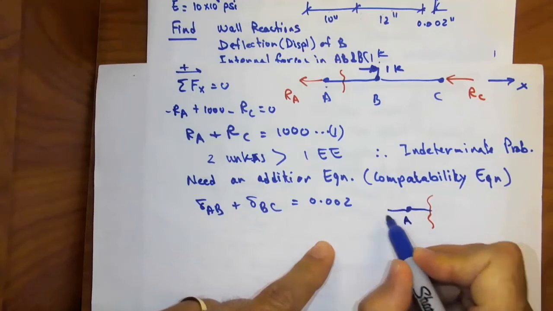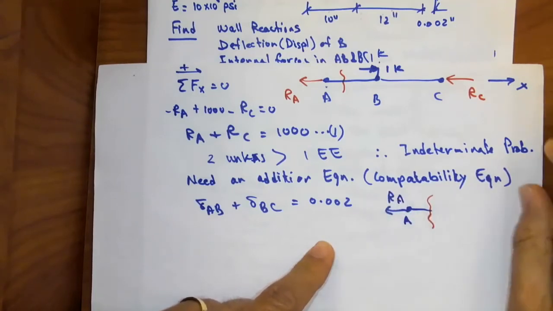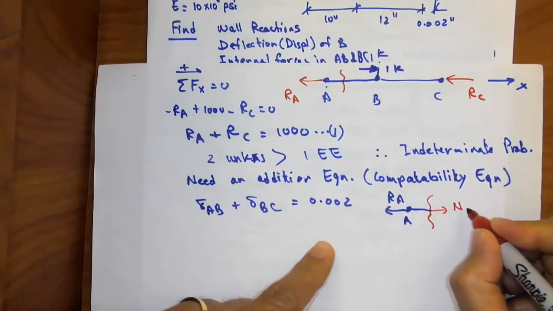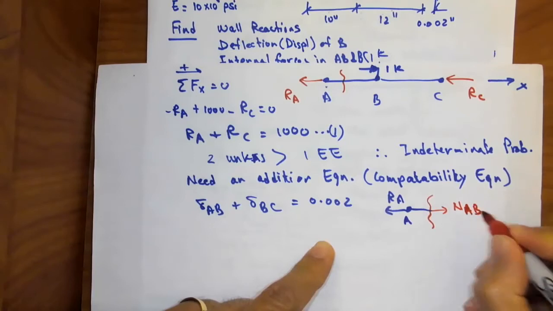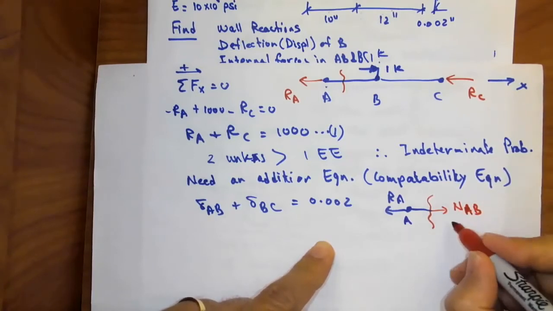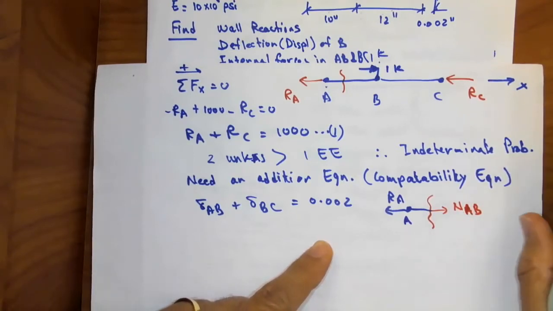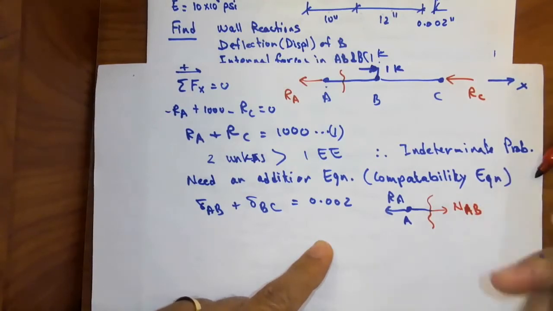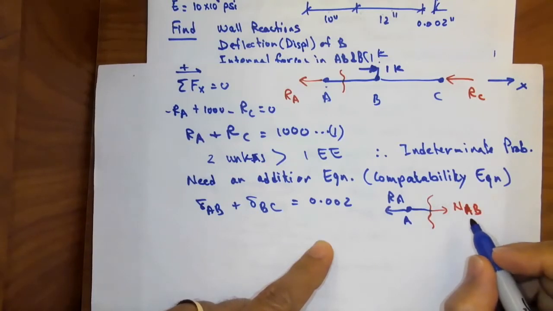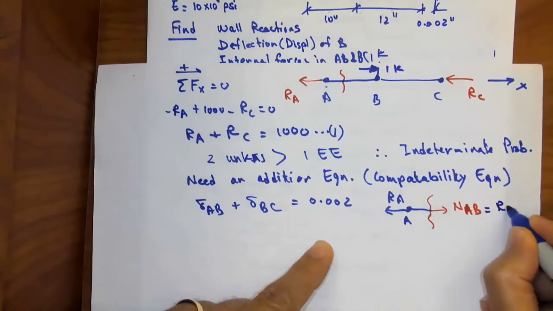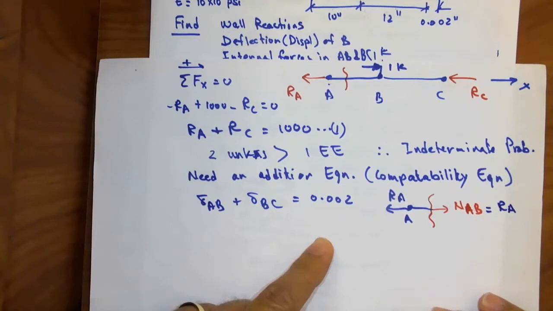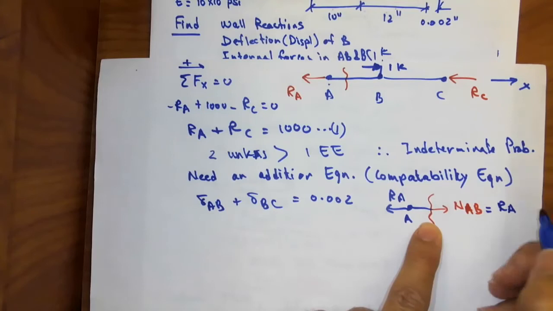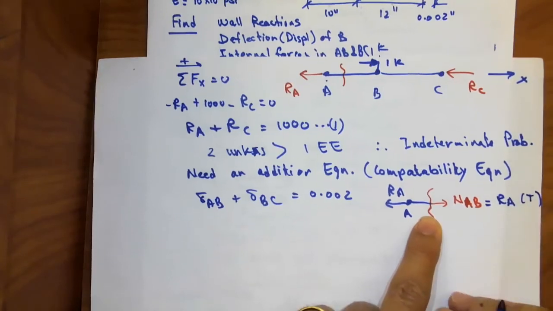Now here at point A, I have this RA, and where I cut, I expose the internal force NAB. From this, I can conclude that this unknown NAB must be equal to, if I apply equilibrium, RA, and NAB is pulling the member, so it must be tension.